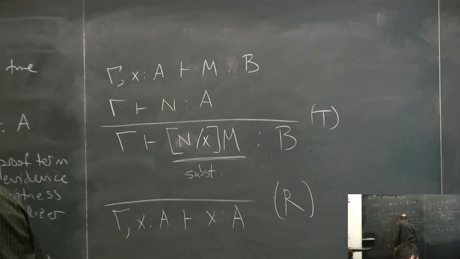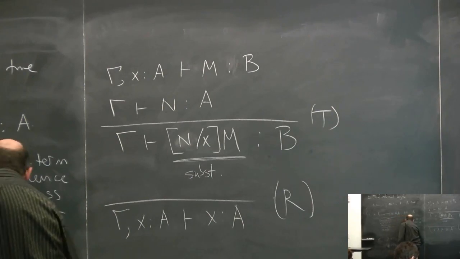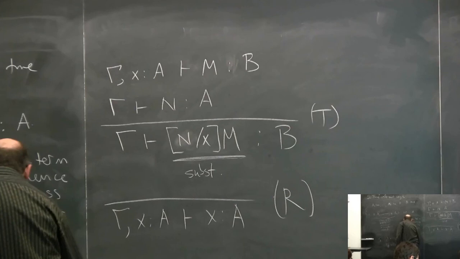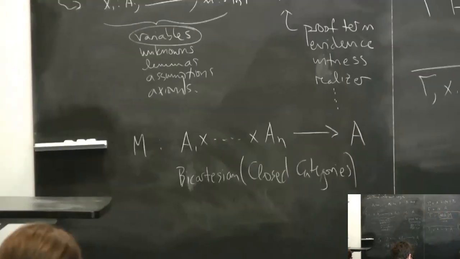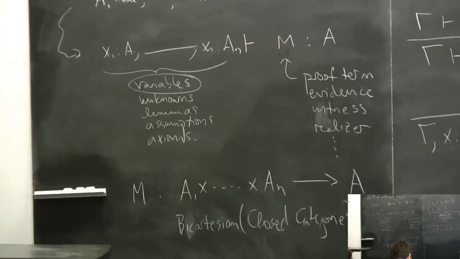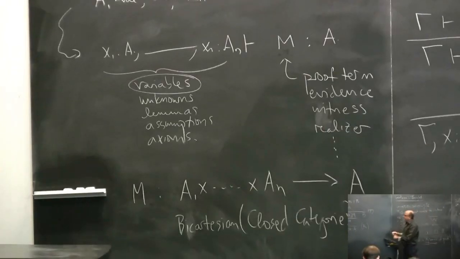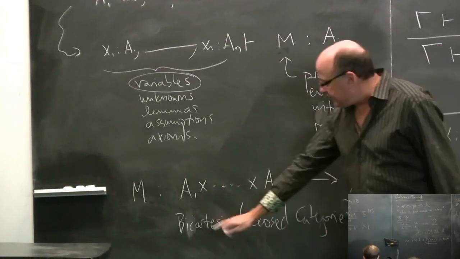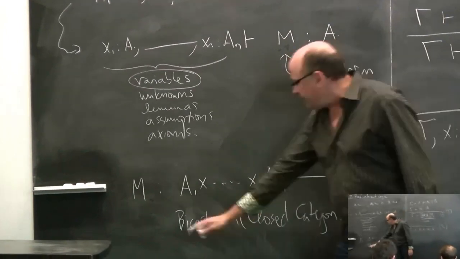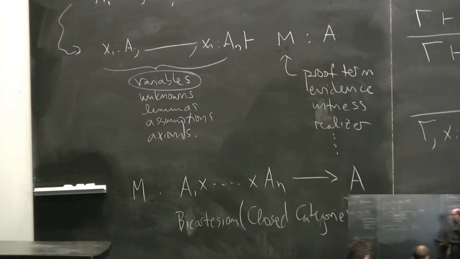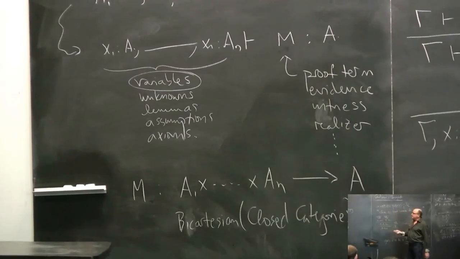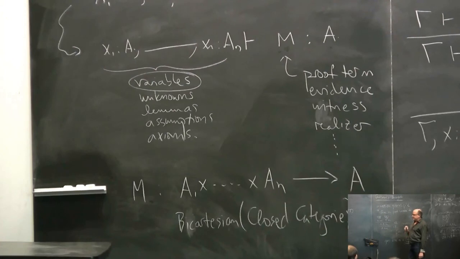A closed category is one that has an exponential object. It has an internal hom, as it's called. Bi-Cartesian means that the exponential is right adjoint to product. We'll explain that. And we also have coproducts in there. So this will be the generalization of the notion of a Heyting algebra.